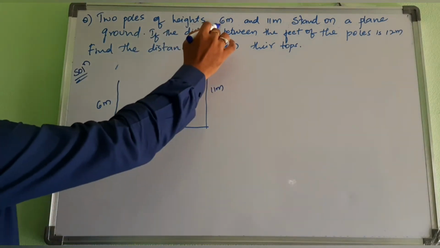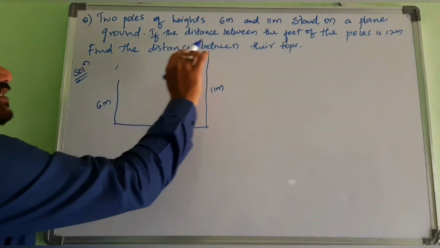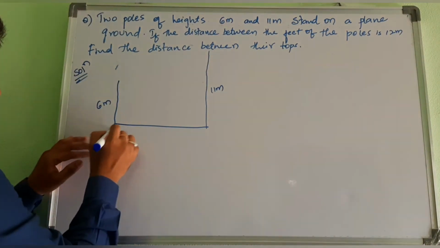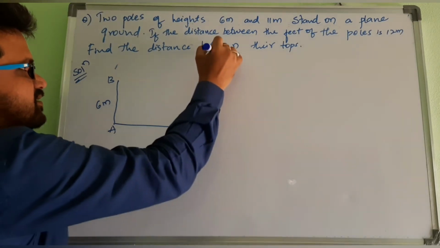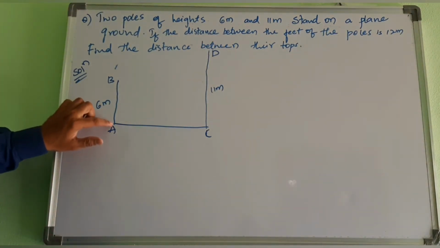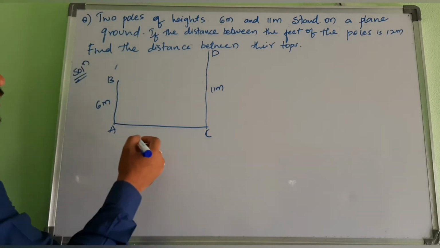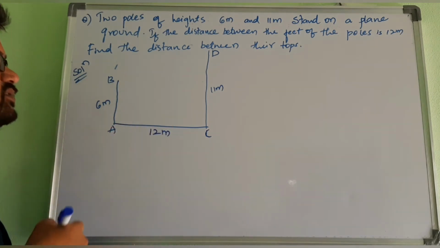Let AB be the first pole and CD the second pole. This is the foot of the first pole and this is the foot of the second pole. The distance between these two is 12 meters.